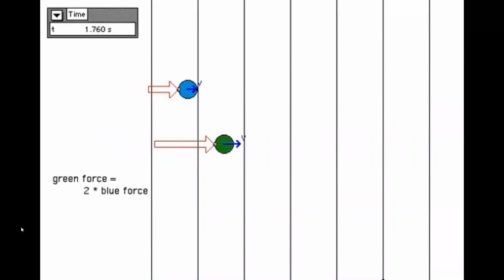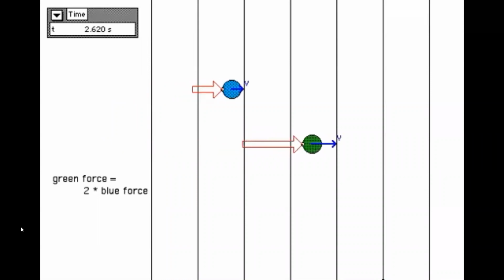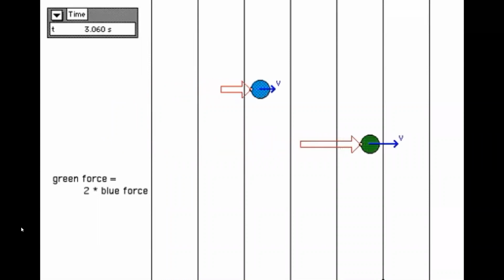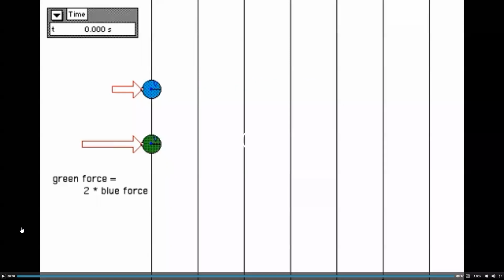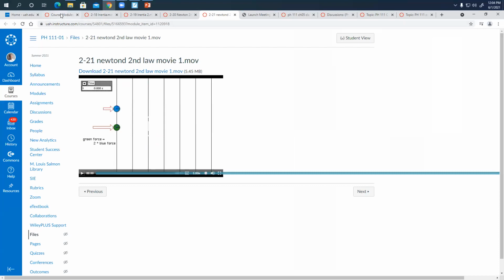So the time for the green ball to go the distance is actually less than the time for the blue ball. So when you have F equals ma and a bigger force, since both balls are the same mass, your acceleration is going to go up because your force is going up. Here's our second example.